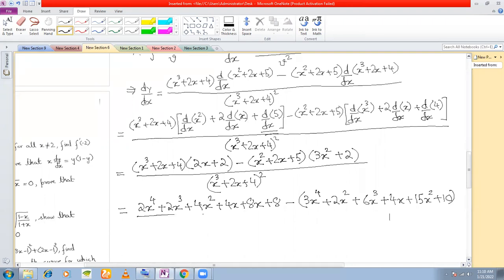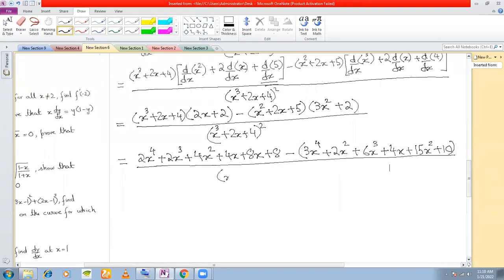And this entire thing divided by (x cube plus 2x plus 4) square, which is equal to, now you simplify the first part, you have 2x to the power of 4 plus 2x cube plus 4x square, and you have 4x plus 8x, which is 12x, right? Plus 8 minus, and here you have 3x to the power of 4.